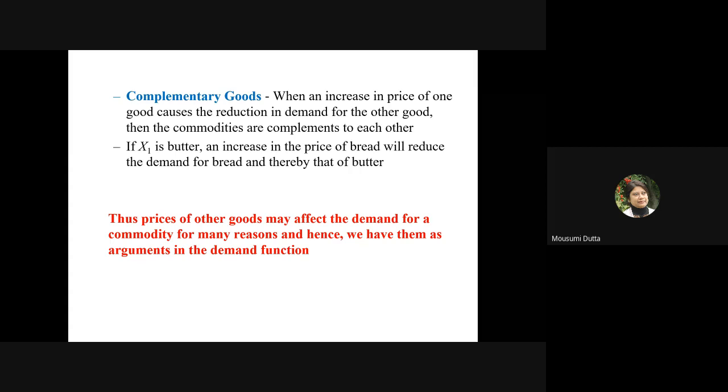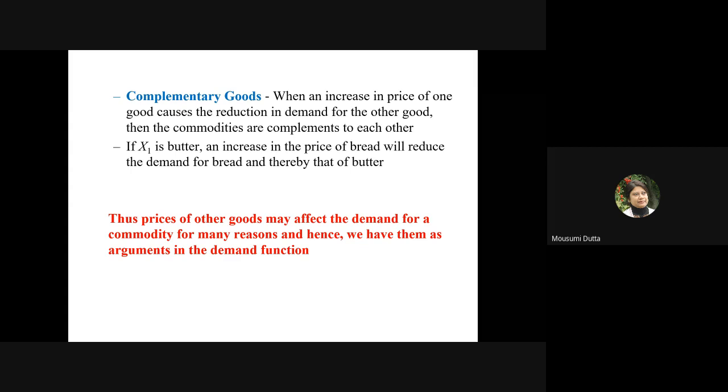However, please don't think that there will always be substitutes for a commodity or always complements for a commodity. So no way the demand for tea and demand for shoe is related. Demand for shoe may be related to demand for dresses. However, it is not related to demand for tea.